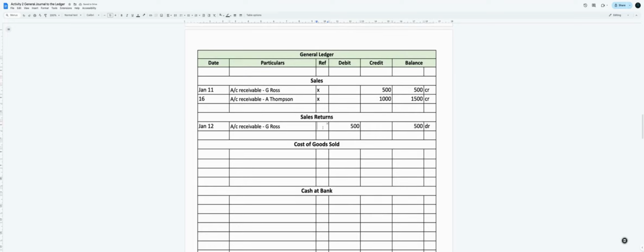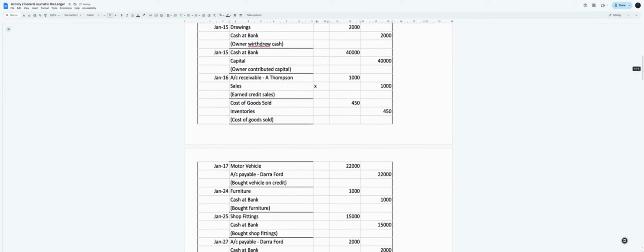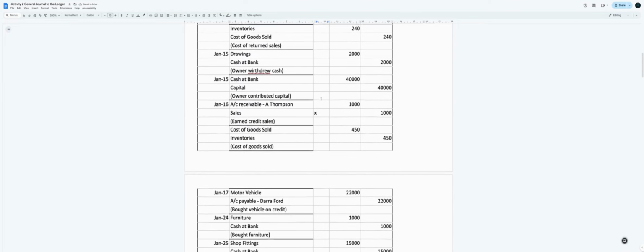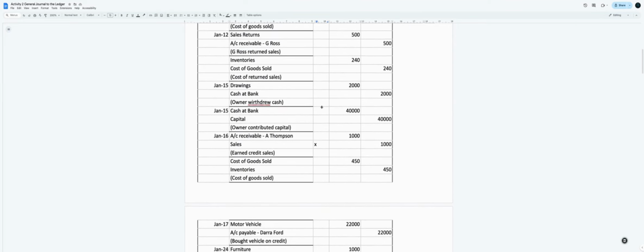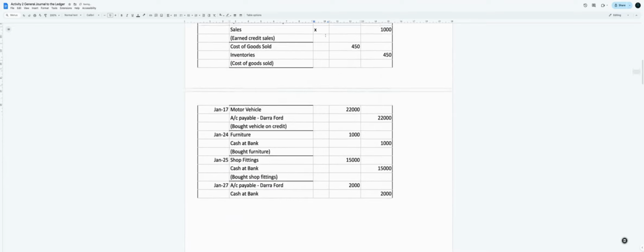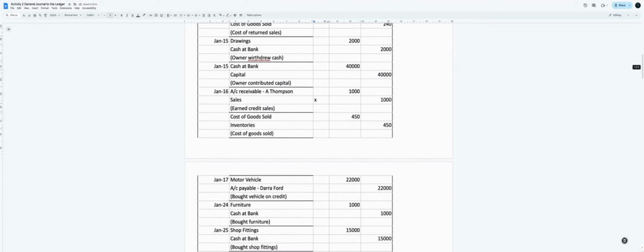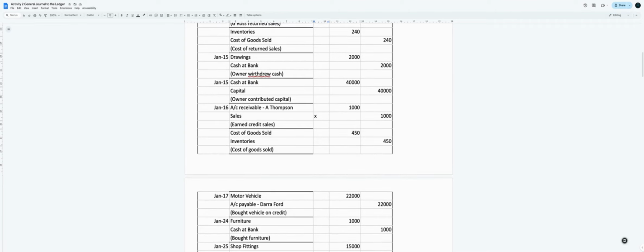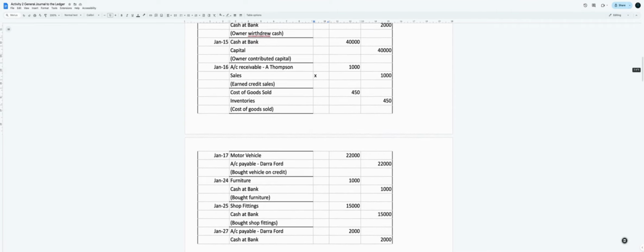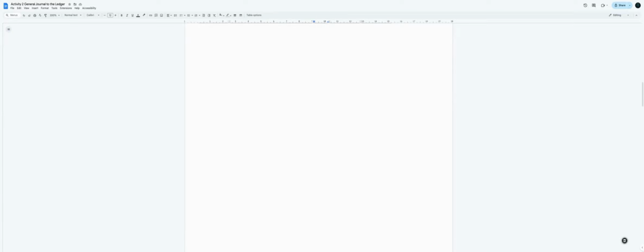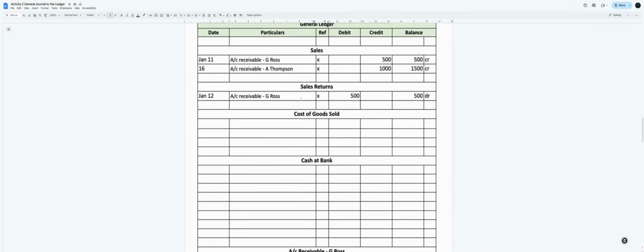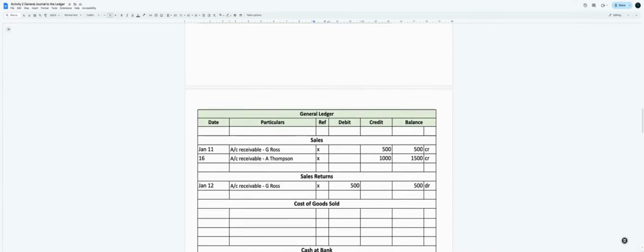I now post that. Scrolling back up to that accounts receivable with G Ross of the sales returns, put a tick there. Let's look through. Are there any more sales returns? No. So we now move on to our new account called Cost of Goods Sold.